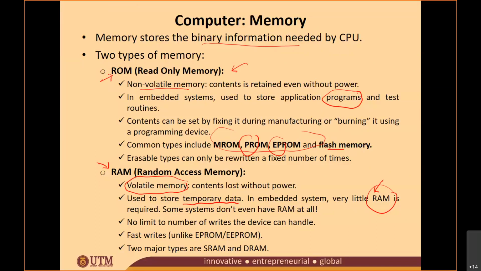So that is for the memory. Actually, we have a few kinds of RAM: DRAM, SRAM, and DDR RAM, which you already learned in digital electronics.